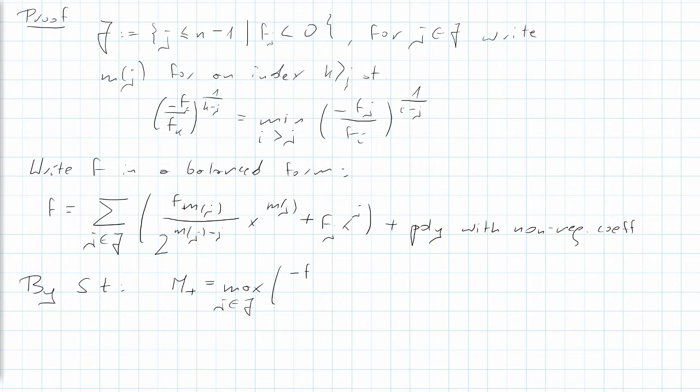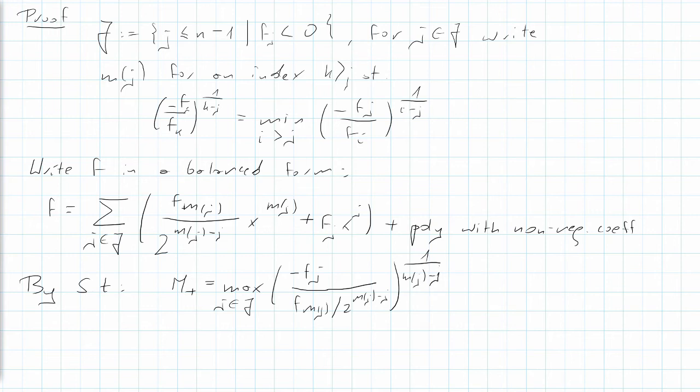So it is minus fj over fmj over 2 to the power mj minus j, and everything to the power 1 over mj minus j.